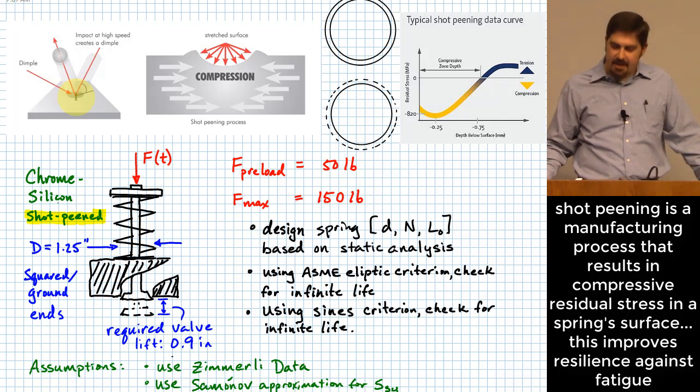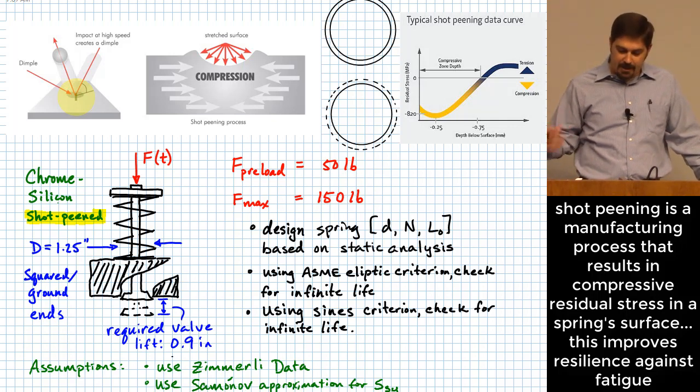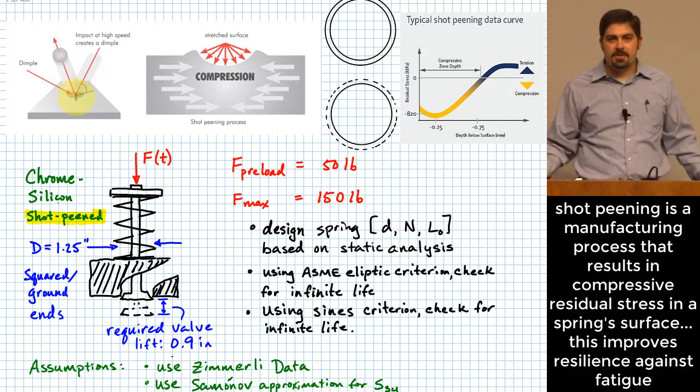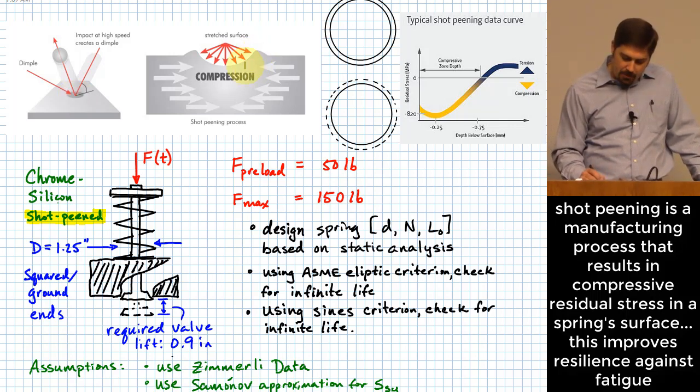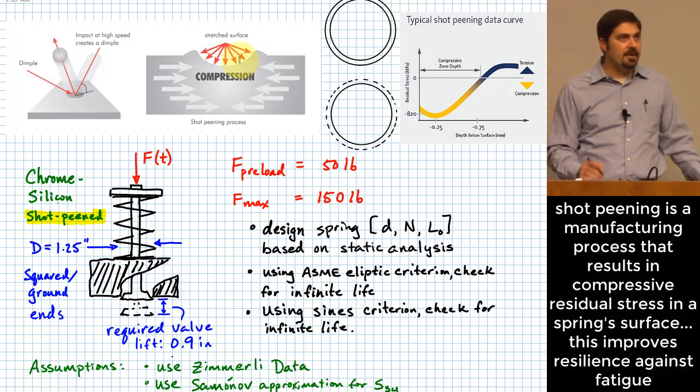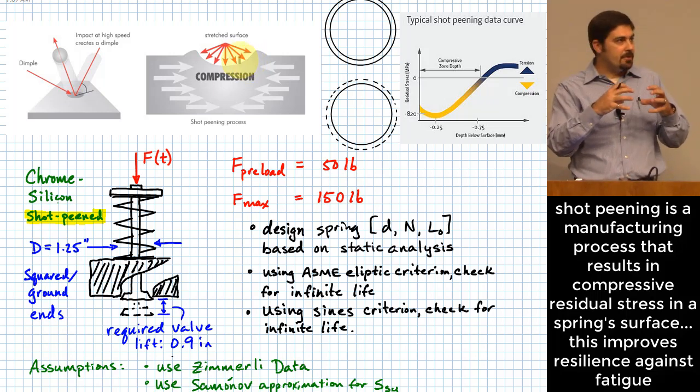You might think it's strange that this helps make these materials more resilient against fatigue. I want to describe to you at least a mental way of understanding why this is the case. When the balls come and bounce off of the surface, they create a little bit of stretching of the surface of the material. Okay?